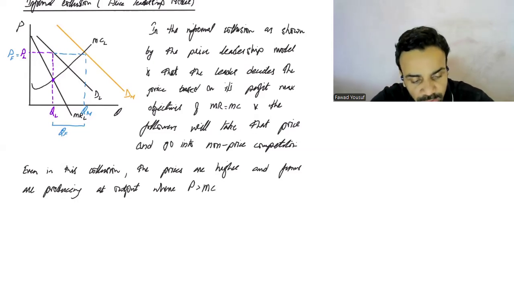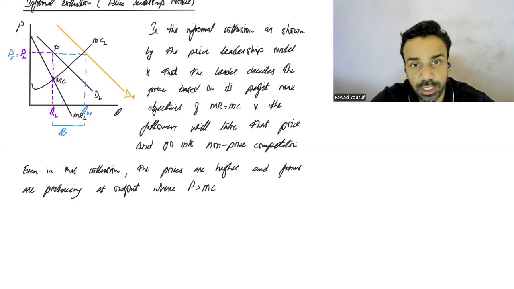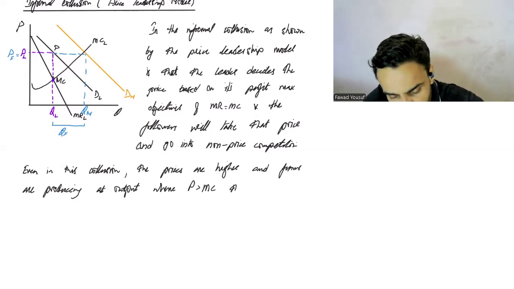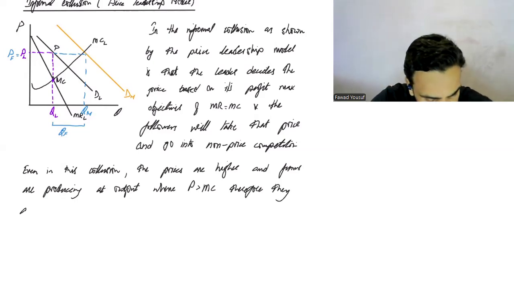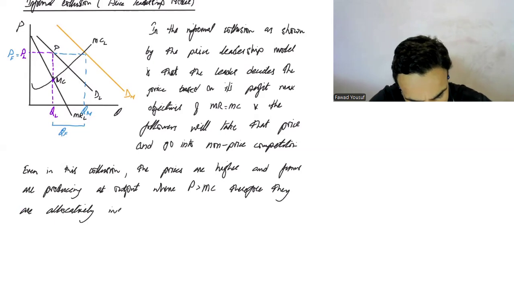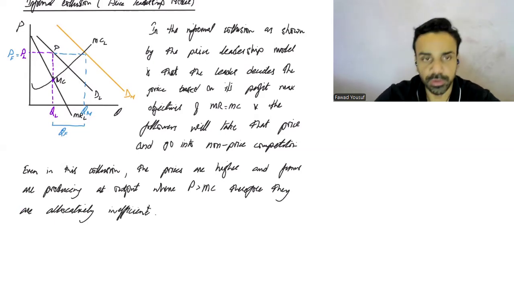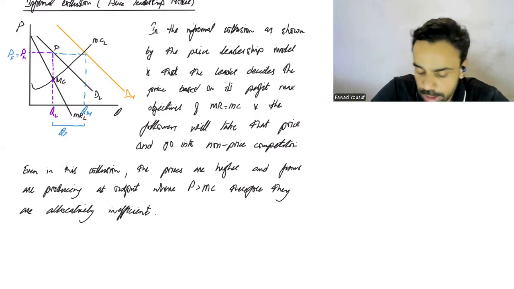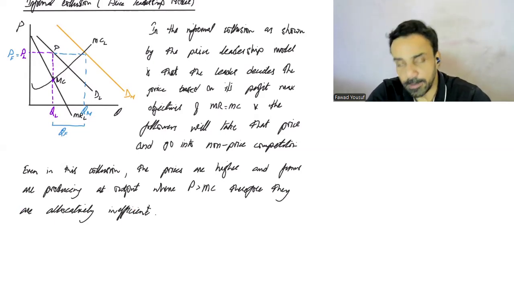We can see it in our diagram. Here are price or here are नीचे marginal cost. So firms, therefore, they are allocatively inefficient. ठीक, so this is how it's gonna be.